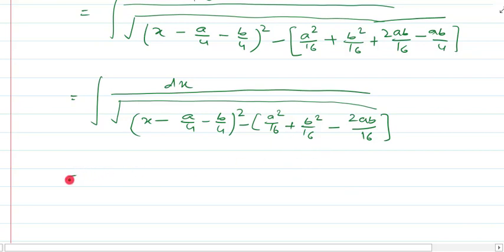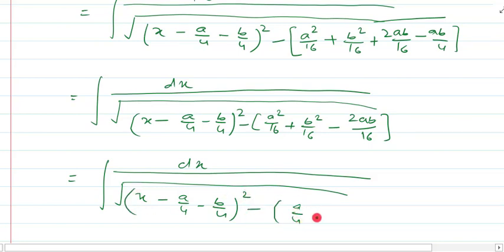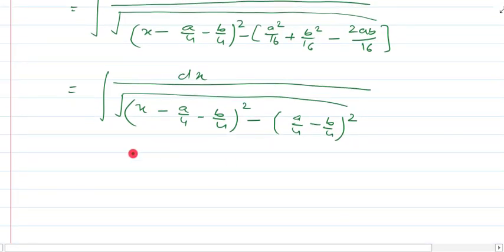So we are left with dx upon square root of (x minus a by 4 minus b by 4) whole square minus (a by 4 minus b by 4) whole square. And now it is nothing but simply the identity.